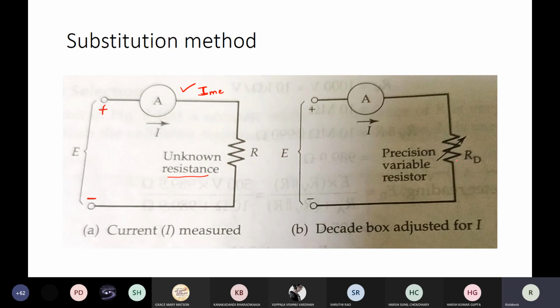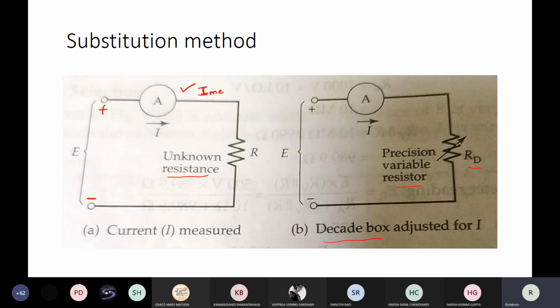Then you connect the precision variable resistor. Precision means its value should be known very precisely and it should be variable. For example, a decade box means the resistances are varying. Like you can vary the resistance in the scale of 10, 100, like that. So it's a decade box.